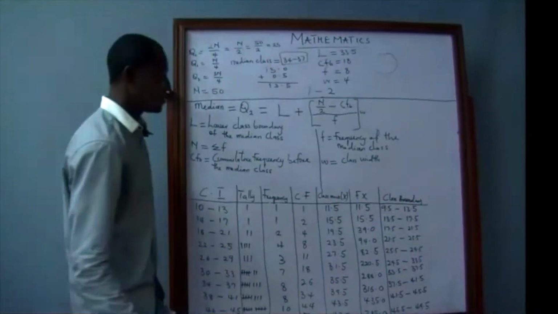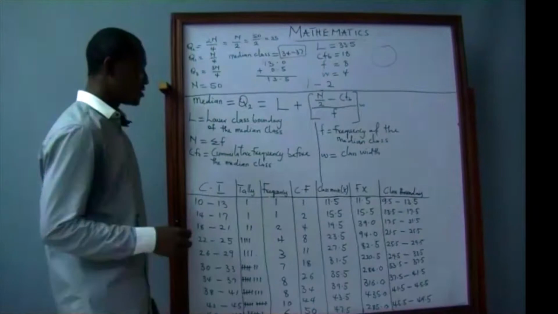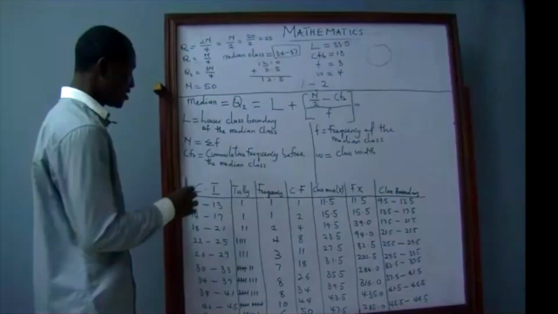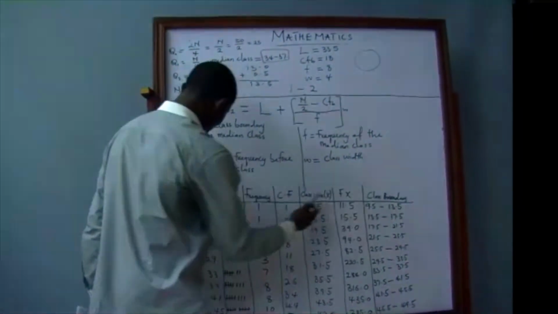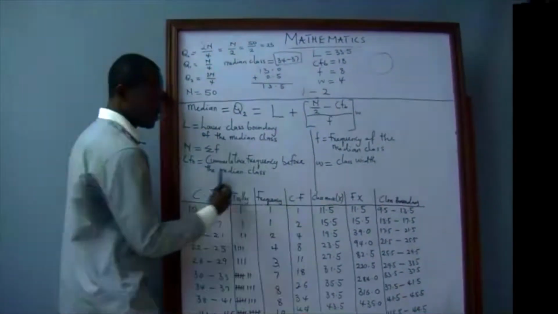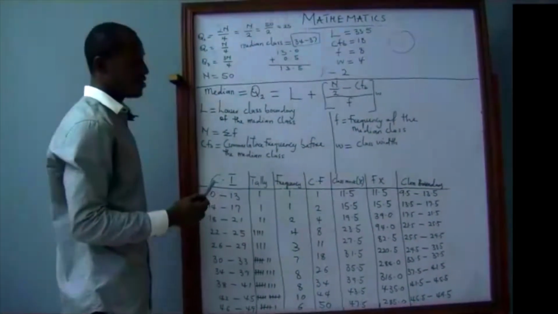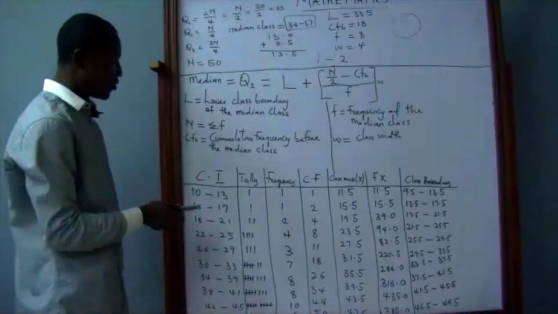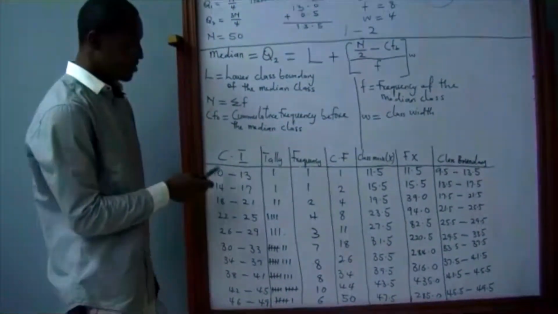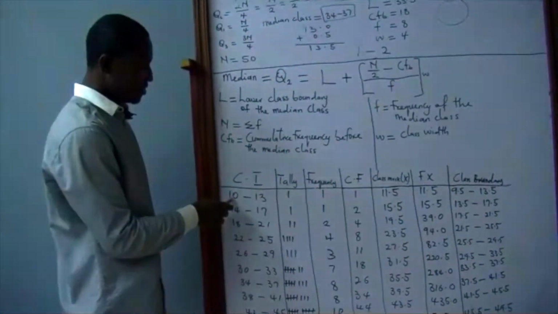Alright, I have a very good question. And the question is, how did I move from the class interval to the class boundary? And where did I get the 0.5 that I was subtracting from the data?